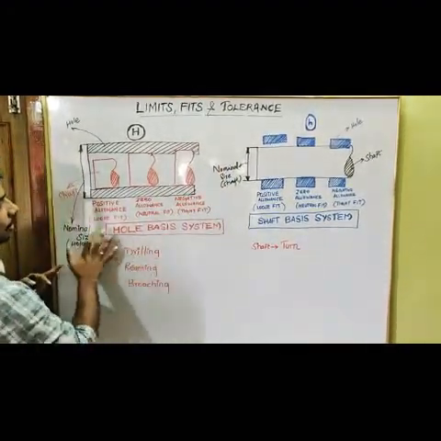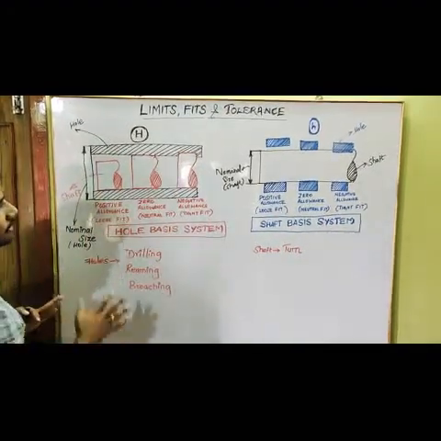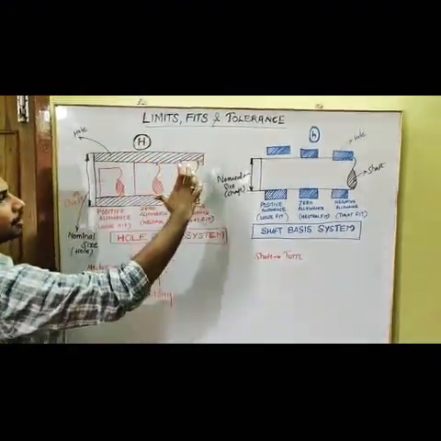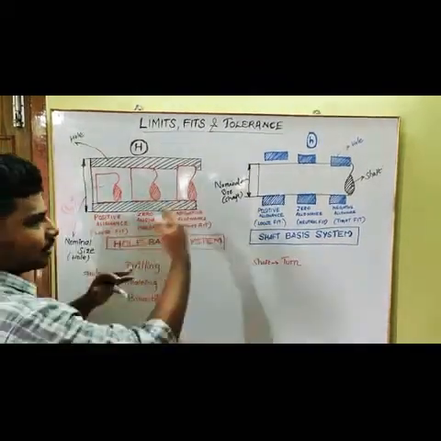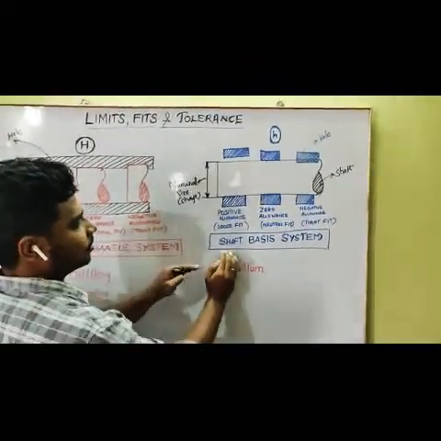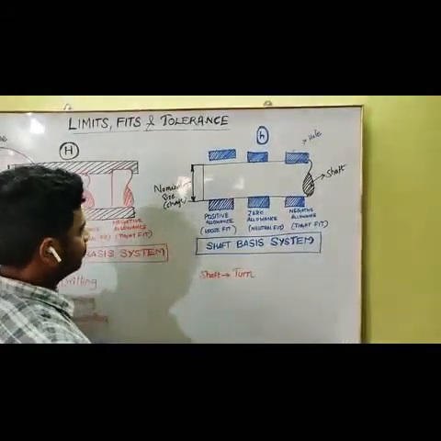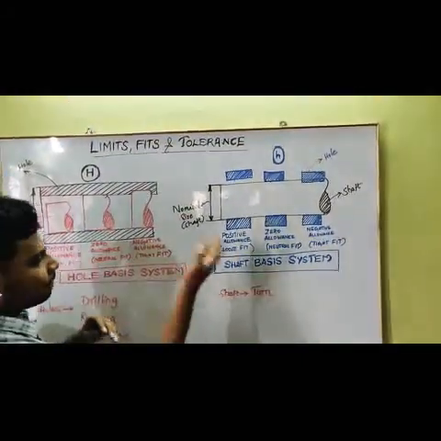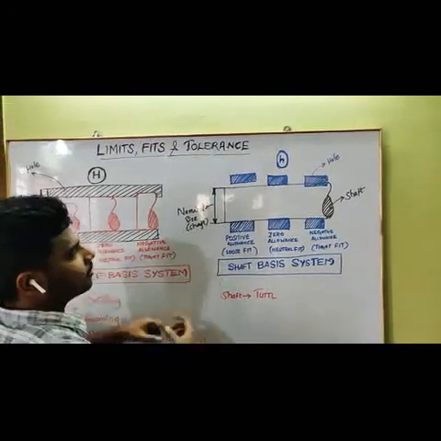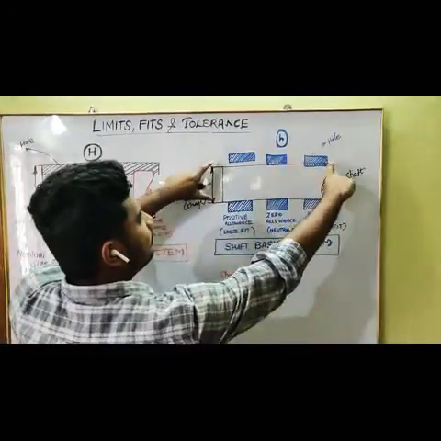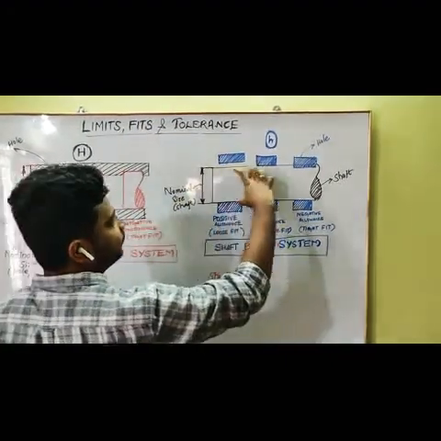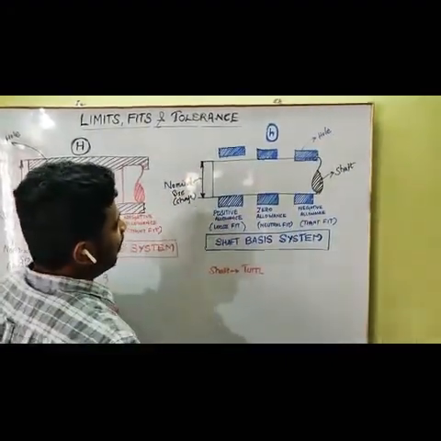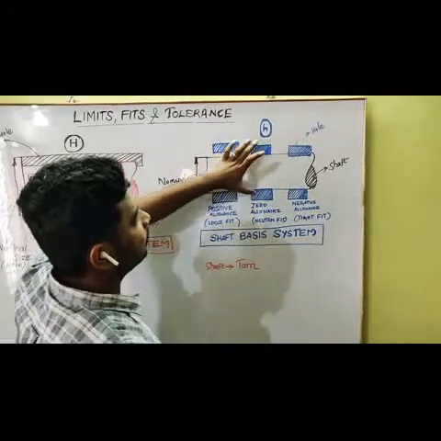So these are all based on the hole basis system, where your hole diameter is kept constant and your shaft diameter keeps getting increased. In the same way you have one more system called the shaft basis system. In the shaft basis system we keep the shaft diameter constant, that is, the nominal size of the shaft is constant throughout, and we change the diameter of the hole.